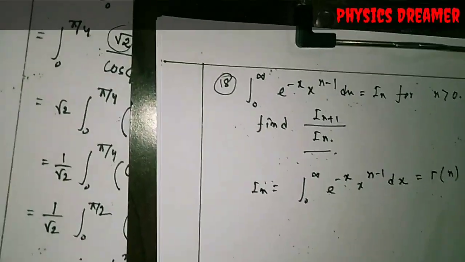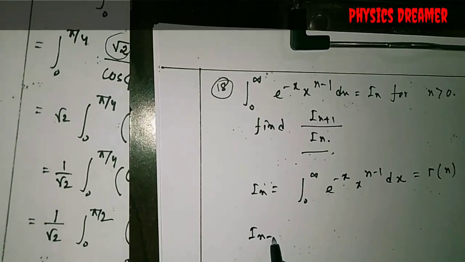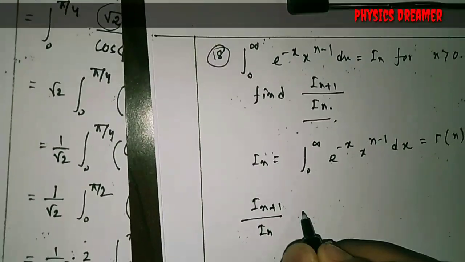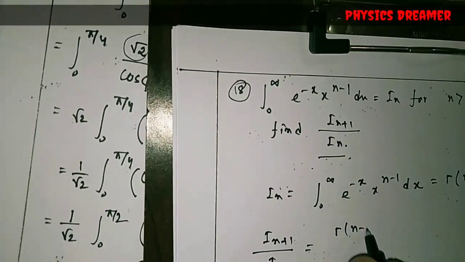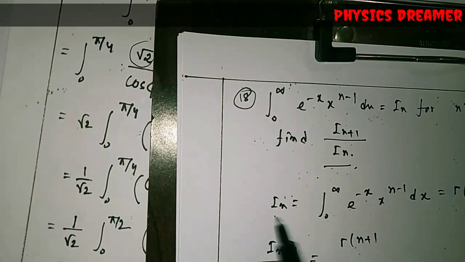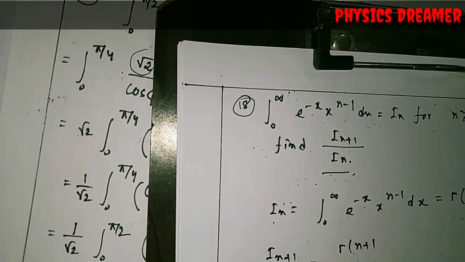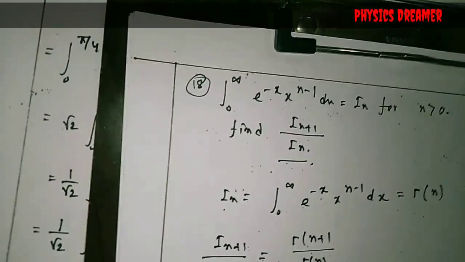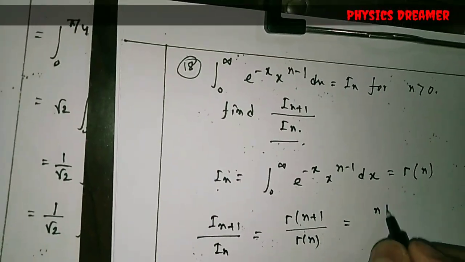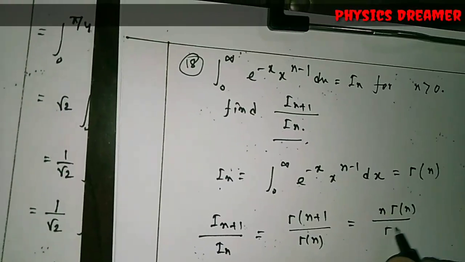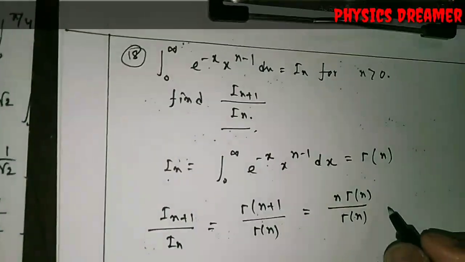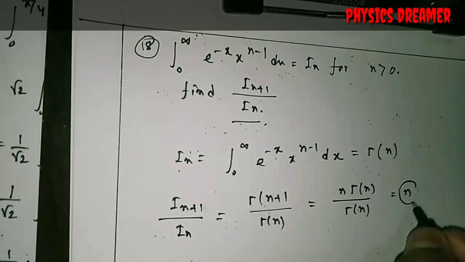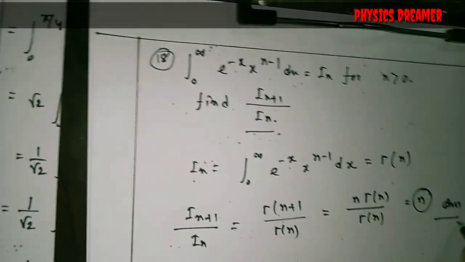Okay, so it's gamma n. So I can write I n plus 1 by I n equal to gamma of n plus 1, because gamma of n equals I n. So gamma of n plus 1 equals I of n plus 1 by gamma of n. So here gamma of n plus 1 equals n gamma n by gamma of n. So this gamma of n term will vanish, so equal to n. This is the answer.